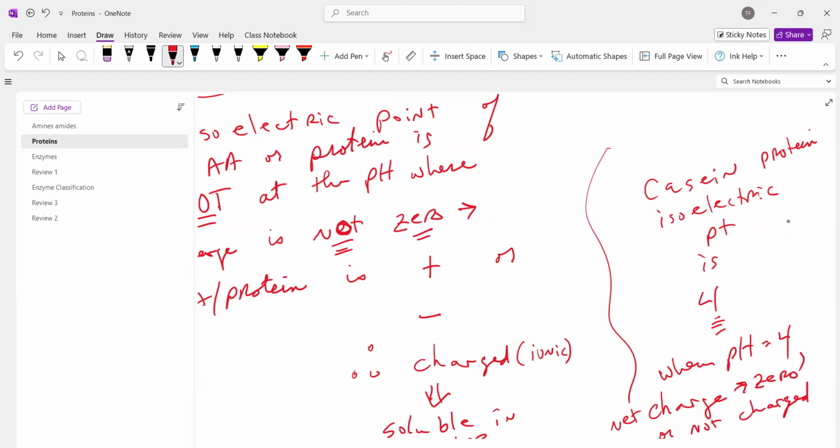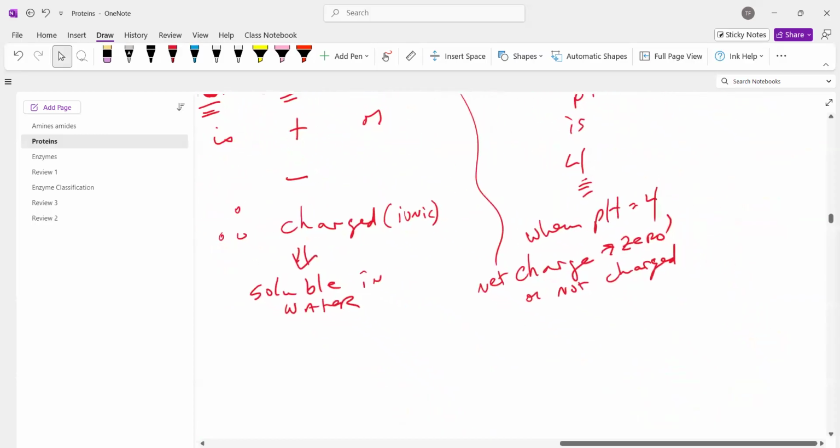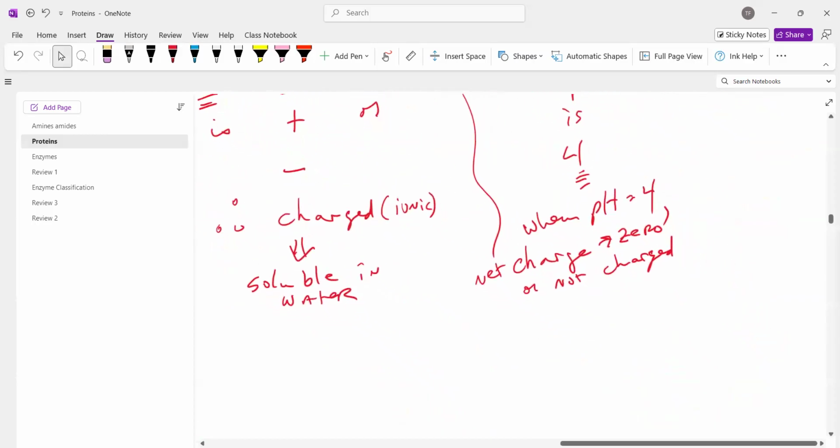So what happens at pH 4? Because the charge is 0, it's not ionic. It precipitates out.